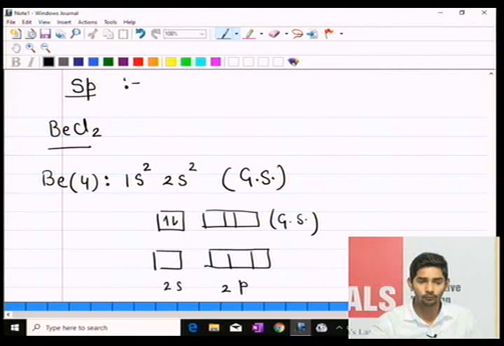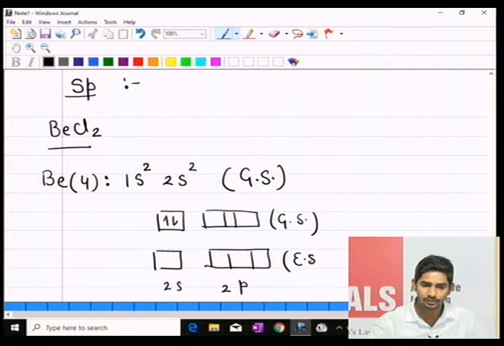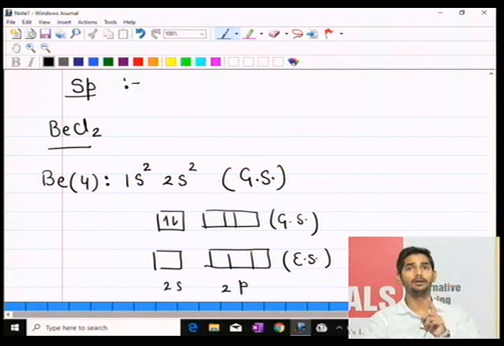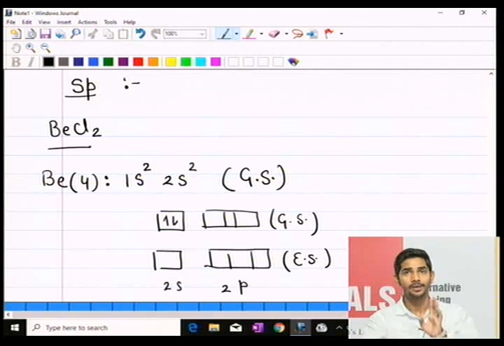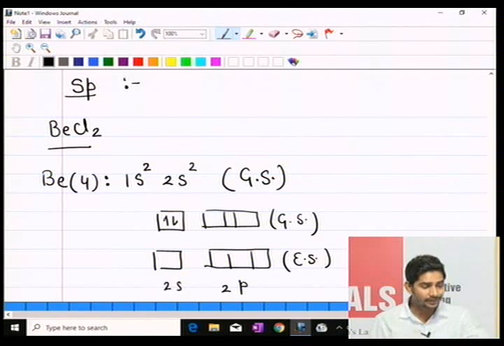While writing the excited state, in every orbital you have to write the half-filled electrons. What I'm saying is that if pairing is there, make them unpaired while writing the excited state.